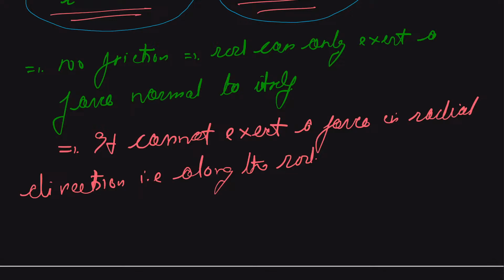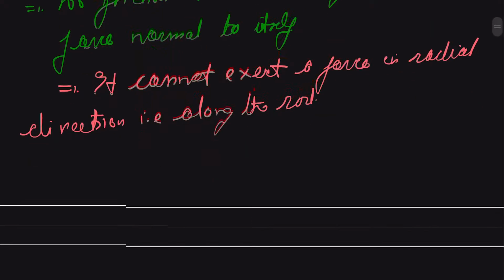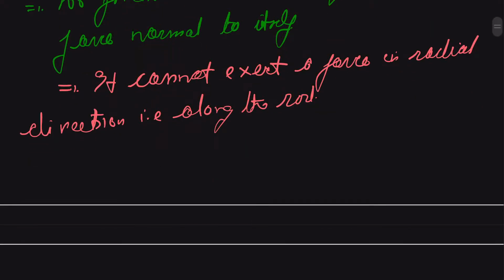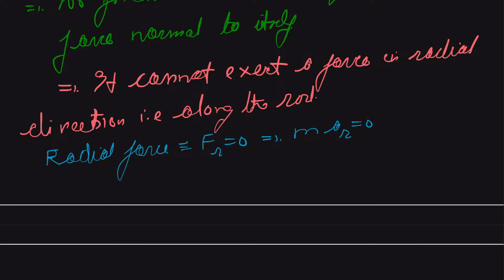So there will be no radial force, and therefore we can write that m times ar, our radial force, let us suppose that is Fr, will be equal to 0, or mass into radial acceleration will be equal to 0.